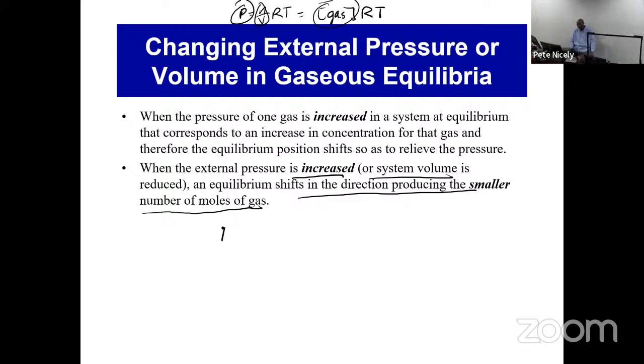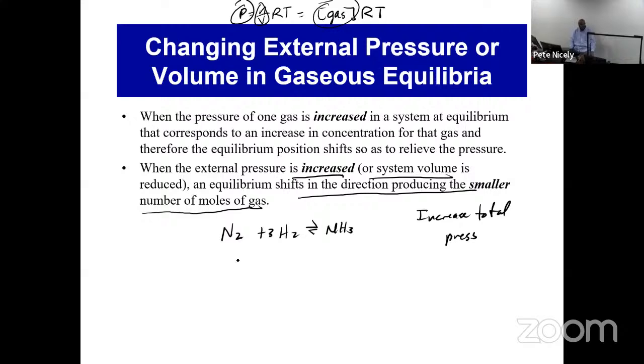Let's say you have this reaction, which we saw before: nitrogen plus hydrogen to give ammonia. To balance this, we need a 3 here. Let's say, for example, you increase the total pressure of the system. The question is, which direction will the equilibrium shift?